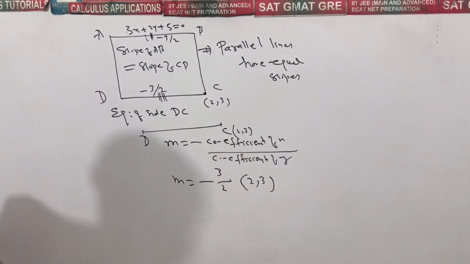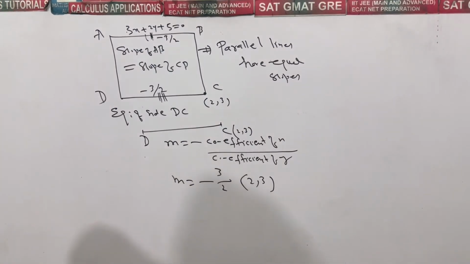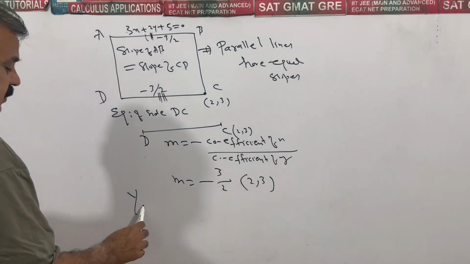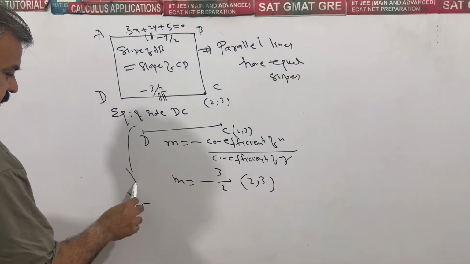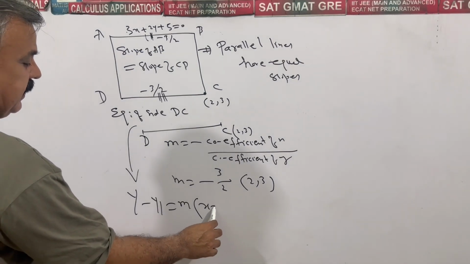Look at this. We arrive at the same situation. We have a gradient and we have a point, so we can easily write its equation. The equation of CD is given by y minus y1 is equal to m times x minus x1.